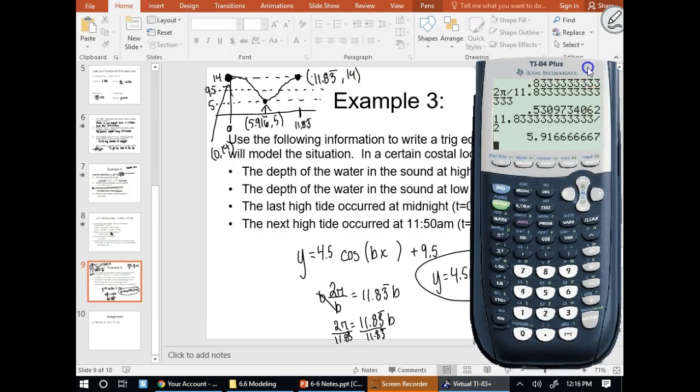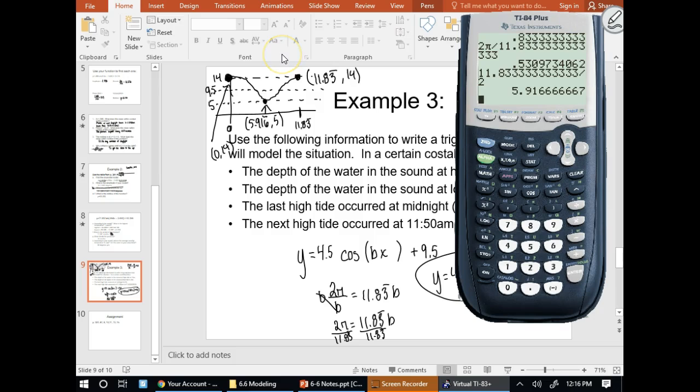Let's check. Since you have to have at least 3 points, and sometimes if you don't have the best 3 points it still won't work, let's see if we can get this to work. We can go to Stats, then Edit. We can clear out whatever is there, because second period has been doing regression stuff too. So that first point is 0, 14.